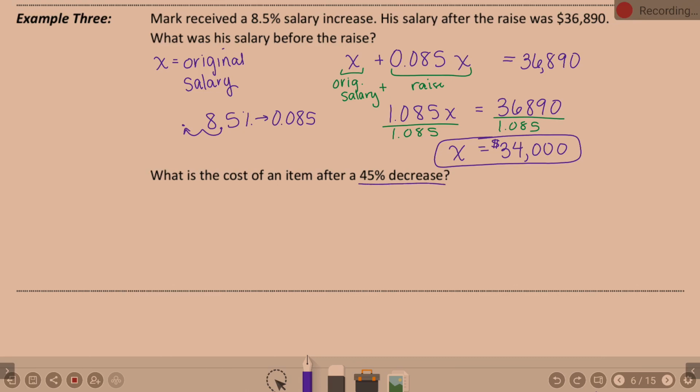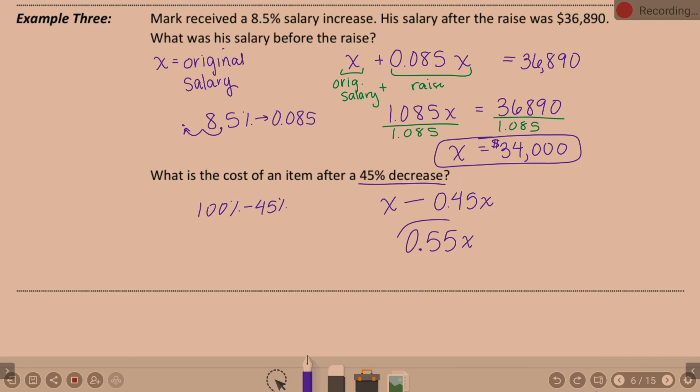A 45% decrease means we subtract off 45%. So it's 100% minus 45%, which is 55%, or 0.55 times X.